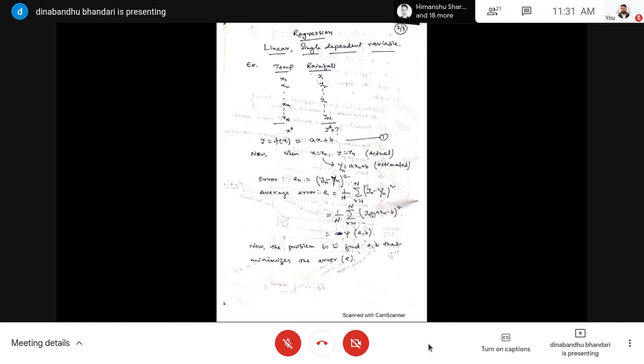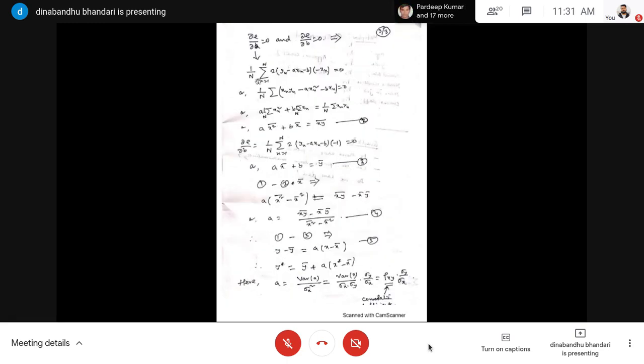So it would be 2 into the whole thing, and if I differentiate the internal part with respect to A, it would be minus xn. So it would be 1 by N summation 2 into Yn minus A xn minus B, into minus xn, equal to 0.